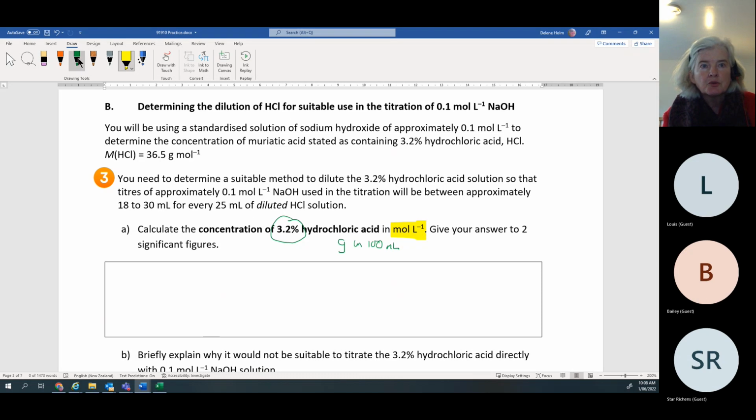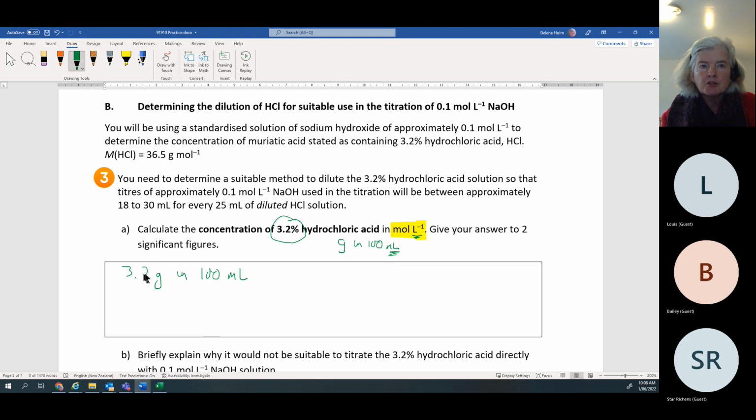So the first thing you do is you say, okay, if it's 3.2%, I've got 3.2 grams in 100 milliliters. Now remember, we don't want milliliters. We want everything in liters because our unit is liters.